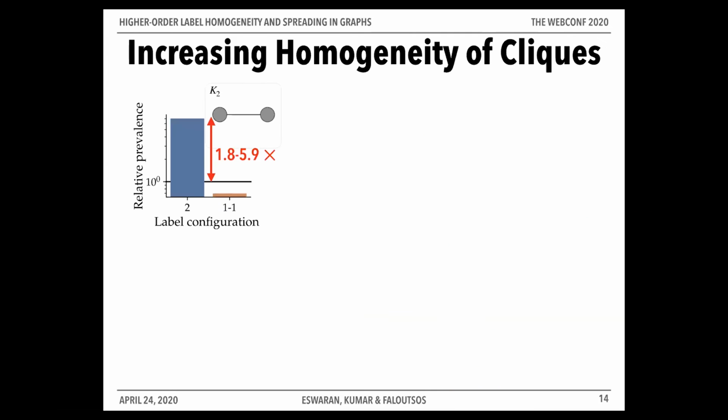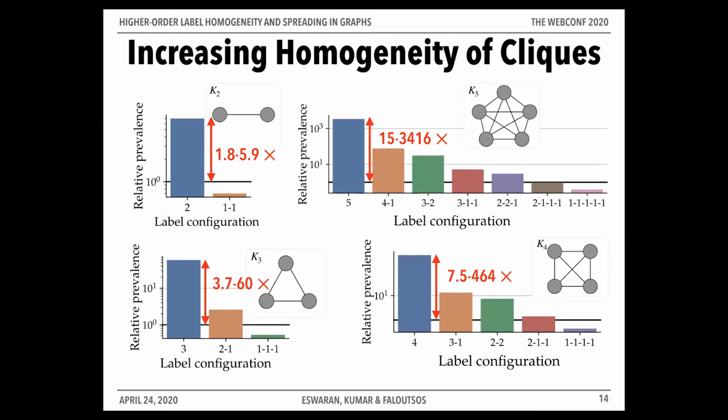When you measure this, what we observe is that as we increase the size of the clique, the most homogeneous label configuration becomes increasingly prevalent as you go from K2, which is the edge, to K5, which is the 5-clique. Two things to note here: one, the most homogeneous label configuration is more prevalent than expected.